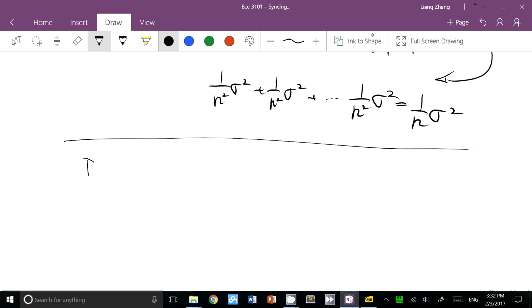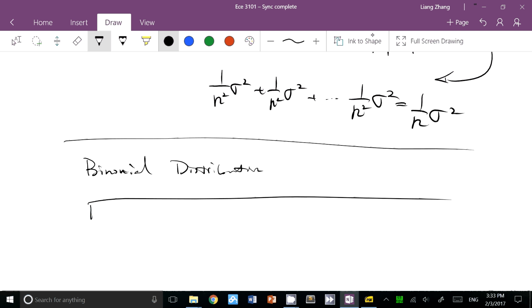Remember binomial distribution? Binomial distribution is counting the total number of successes in n tosses, in 100 tosses, in 200 tosses.